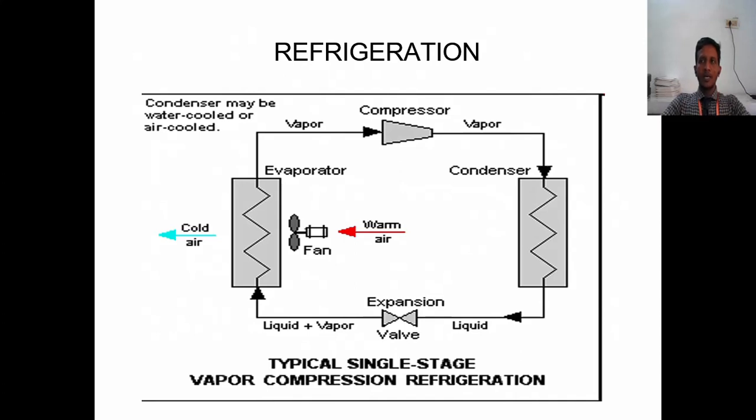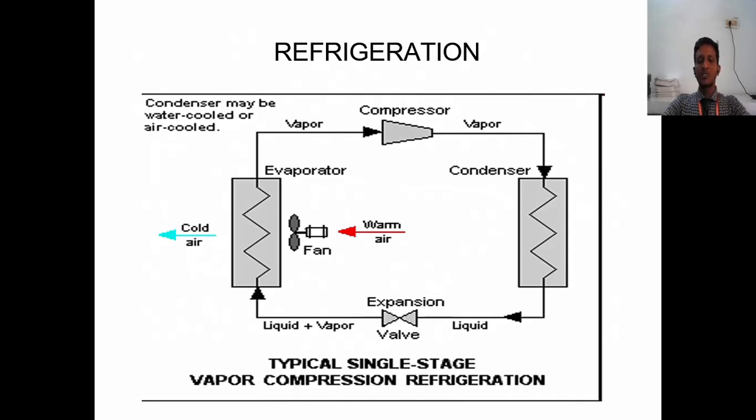Here a low pressure and low temperature refrigerant is converted into a high temperature and high pressure vapor refrigerant. Then the refrigerant moves into the condenser. Here condensation takes place. The condensation is nothing but a cooling process. Here the phase change also occurs. The vapor phase of the refrigerant is converted into a liquid phase of the refrigerant, then passes to the expansion device. Here expansion takes place.